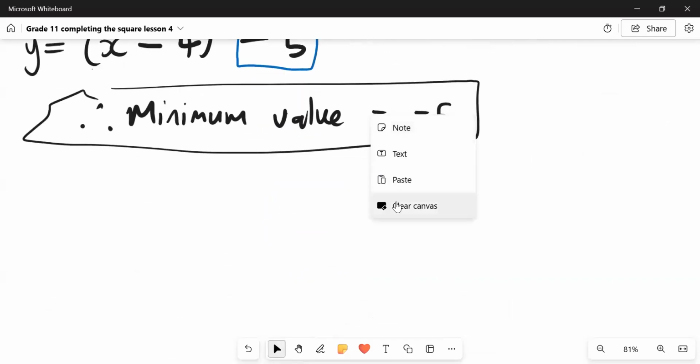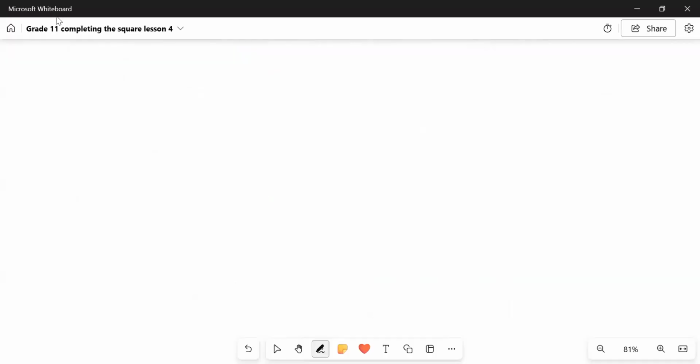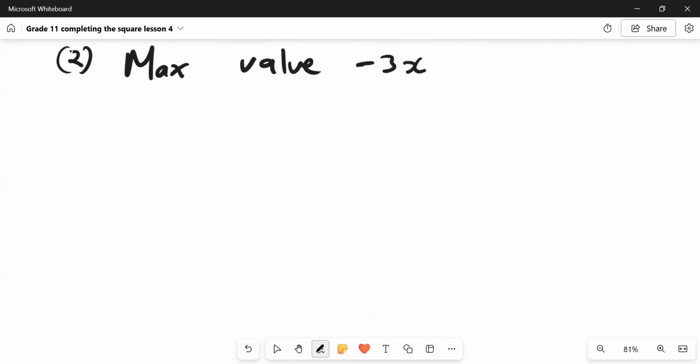So now let's move to the next example, example 2. Here they're saying determine the maximum value. They're looking for the maximum value if the expression were given: minus 3x squared minus 9x plus 18, right?